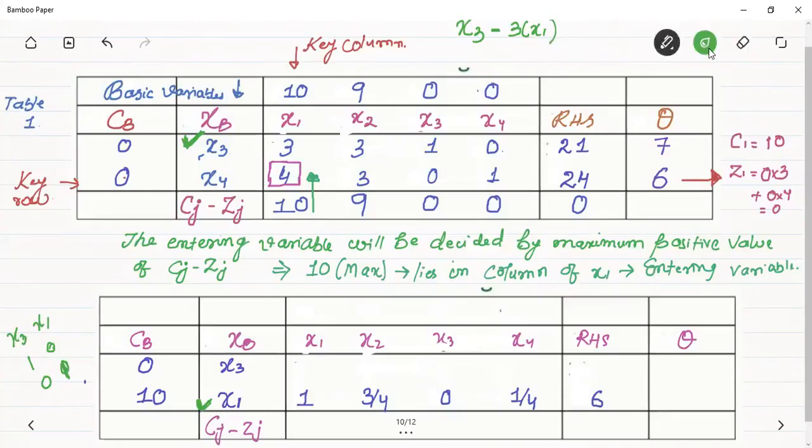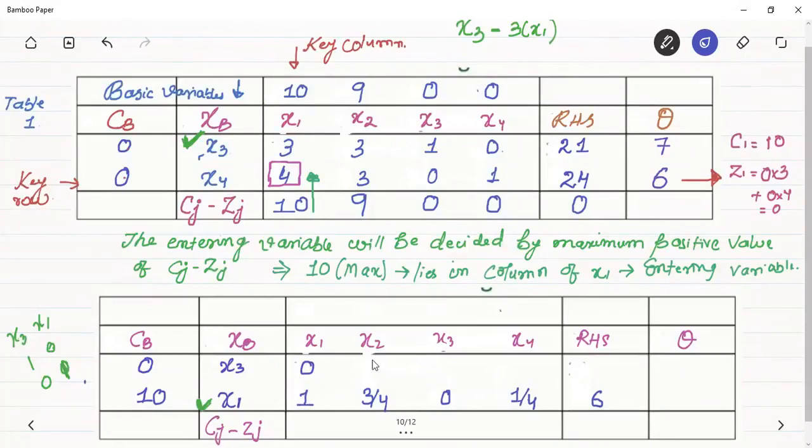So what will happen here is, this will become 0. Why? Because I have to multiply every element of this x1 row by 3. Therefore it will become 3, then x3 minus this 3 will be 0. 3 minus 3 will be 0.